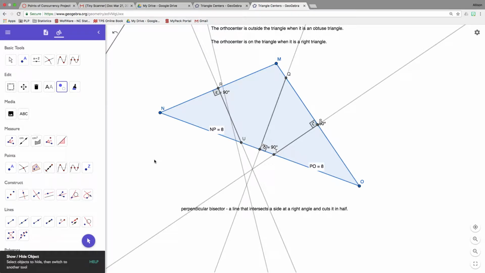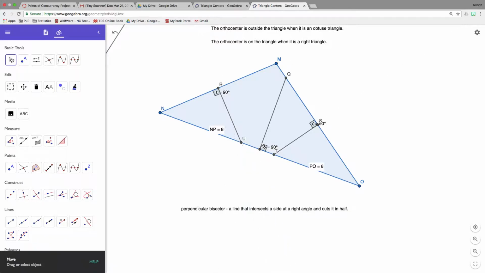It's out there. Here it is. If I go back to show/hide, it's still out there, but there are other line intersections. How do you know which one is the real one? This is the one from up there at the orthocenter, isn't it? Yeah. So it's still out there.